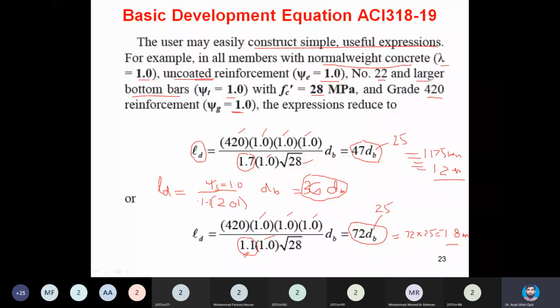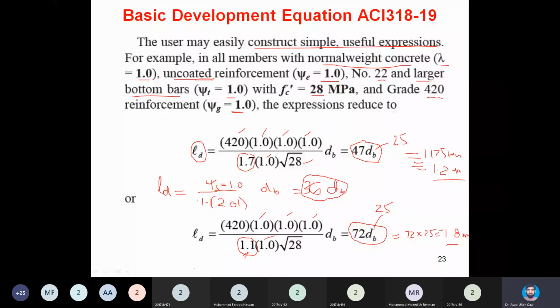In structural drawings in Pakistan you will see one or two very popular LDs in projects. Somewhere 40 dB will be written, irrespective of concrete and steel grade. Generally, very common LDs you see in design notes are 40 dB and 60 dB, very popular figures, but you must know in the background that in calculating them they have used FC prime, FY and also some other applicable modification factors.